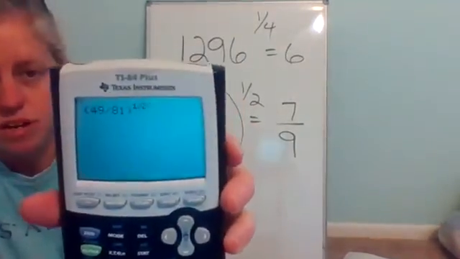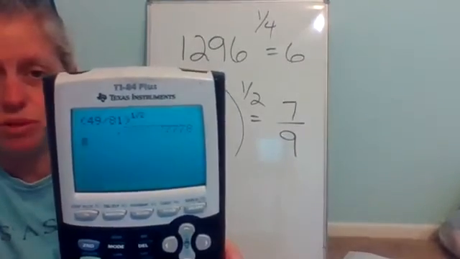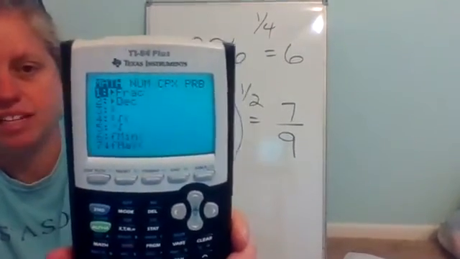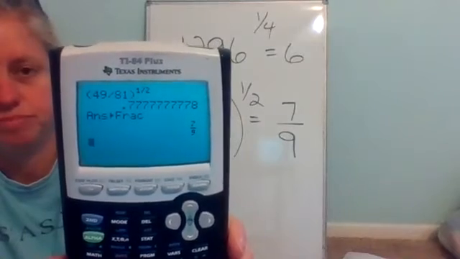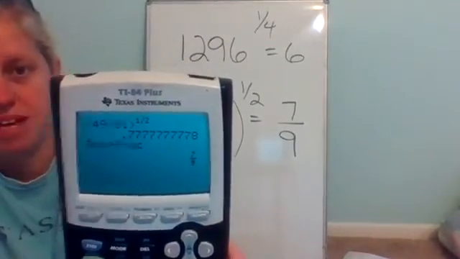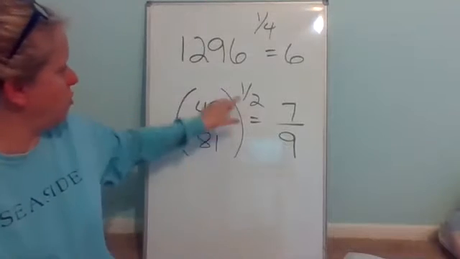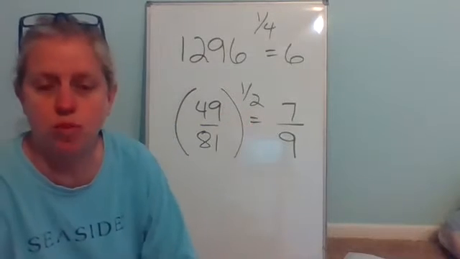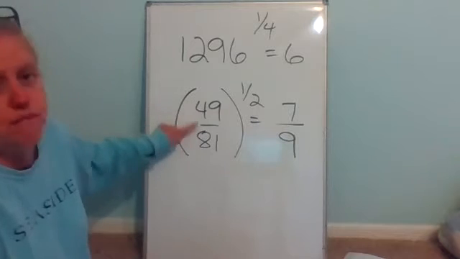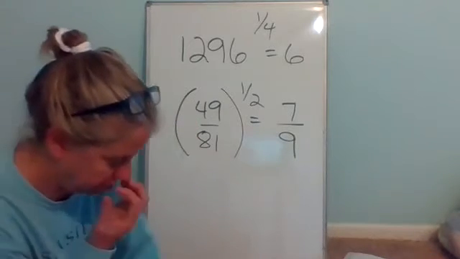Now it's going to give me a decimal. But remember, what do you do with that decimal? You just Math, Enter that, to turn it into your fraction of 7/9. But if it's to the 1/2 power, then you're just doing square roots, right? Which means you could have just looked in your list for those numbers.